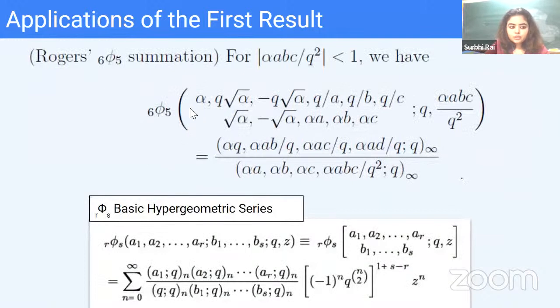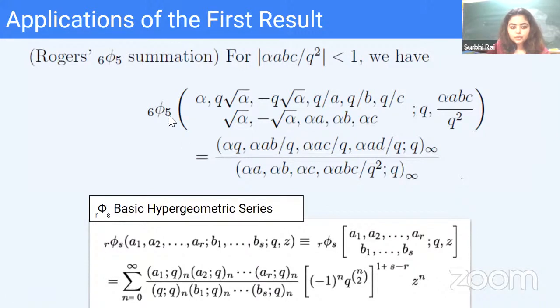Rogers' 6phi5 summation is a non-terminating, very-well-poised, balanced 6phi5 series. Meanwhile, let's look at the definition of an rphis basic hypergeometric series. For r parameters in the numerator and s parameters in the denominator, such that the denominator is never zero, an rphis basic hypergeometric series is defined as an infinite summation of this form.